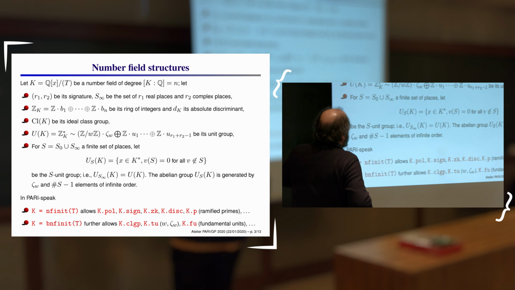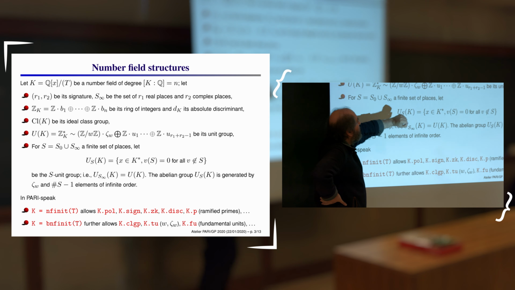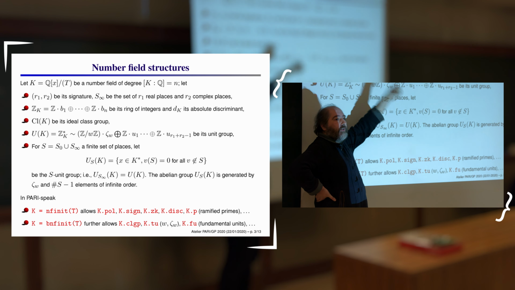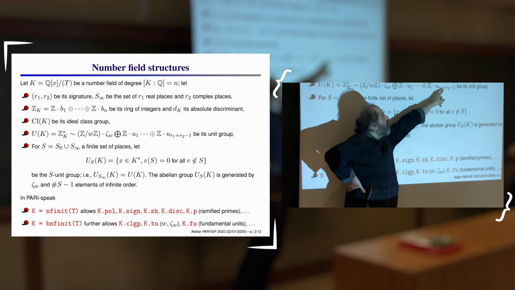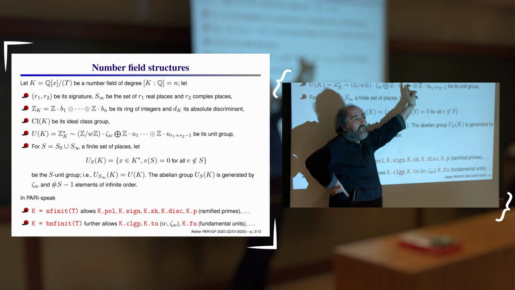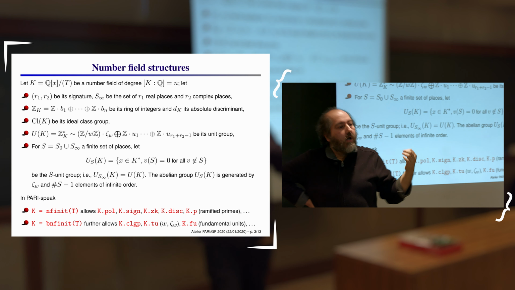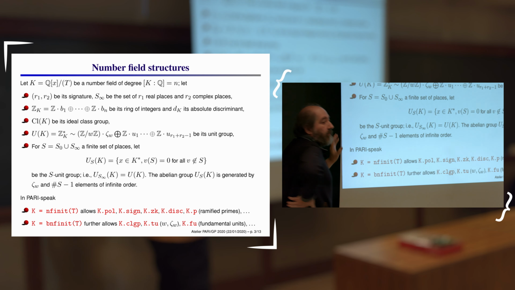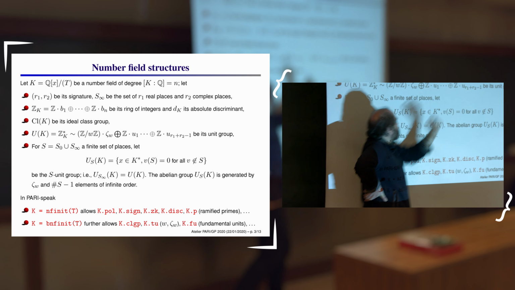And these are, for instance, what I want to be able to compute. So these were the fundamental units. The FU in the previous slides were just u1 up to u_{R1+R2-1}. So in this case, just u1 and u2, because we had R1 = 0, R2 = 3. So .fu, that's what it means. I want to recover just these algebraic numbers.